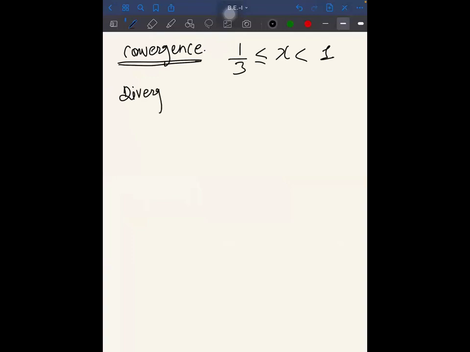So that means for convergence, it is from 1 by 3 to 1. I'll include 1 by 3, and for divergence, 1 is included. So minus infinity to 1 by 3, union 1 to infinity.